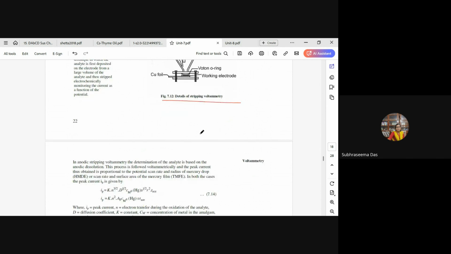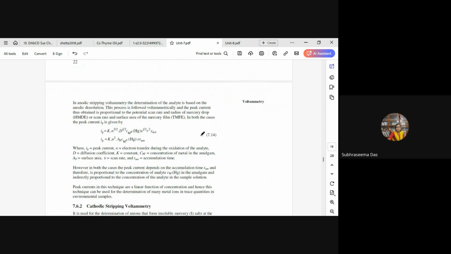In anodic stripping voltammetry, the determination of the analyte is based on the anodic dissolution. This process is followed voltammetrically, and the peak current thus obtained is proportional to the potential scan rate and the radius of the mercury drop.